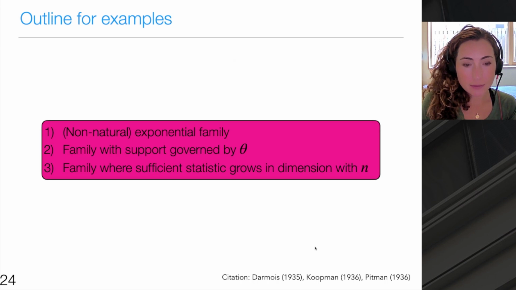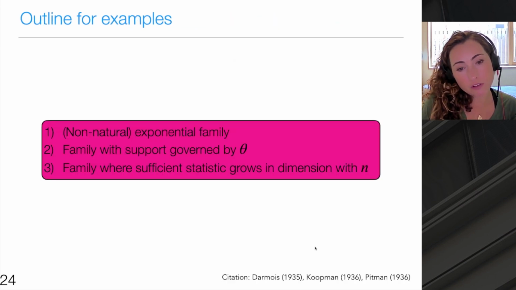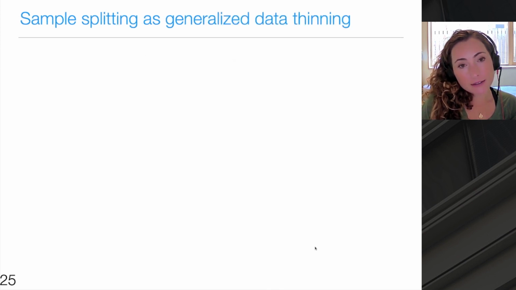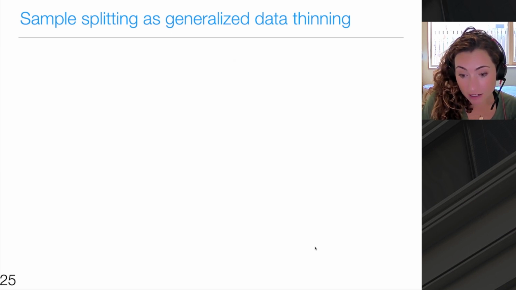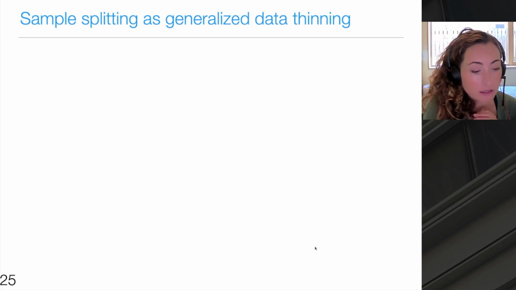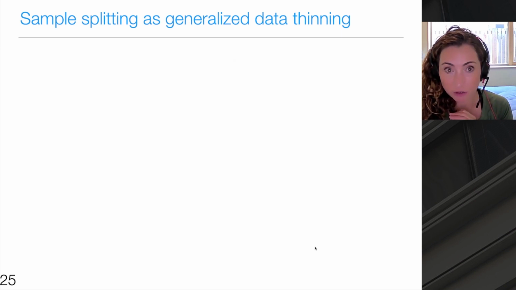Okay, and then the last example that I want to talk about is where we have a family where the sufficient statistic grows in dimension with n. And actually, in this example, what we're going to see is that sample splitting is a special case of data thinning. So we started off this talk saying that sample splitting is this really simple way to split data into a training set and a test set, and then we're going to develop an alternative strategy.